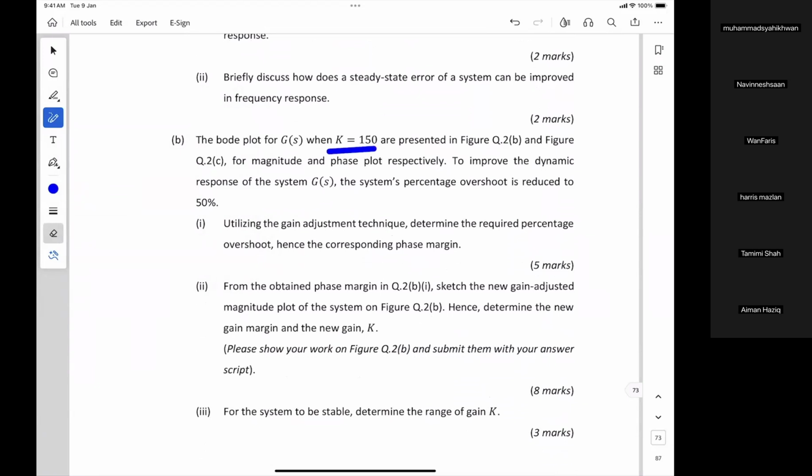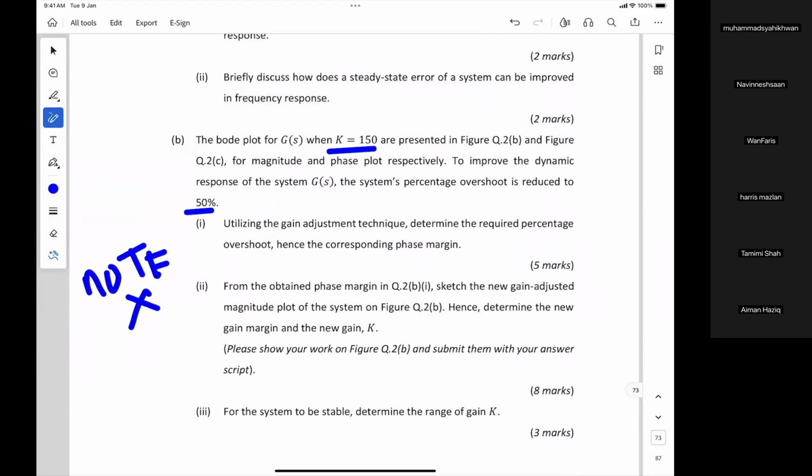Magnitude and phase to improve the dynamic response of the system. The system percentage overshoot is reduced to 50%. What do you understand by this word? Very confusing.